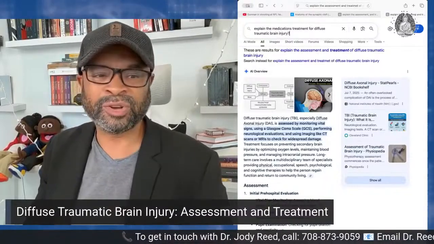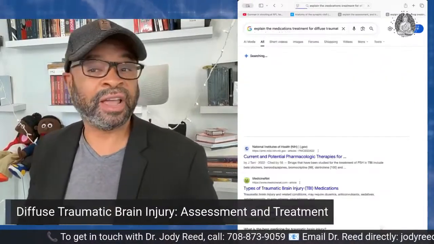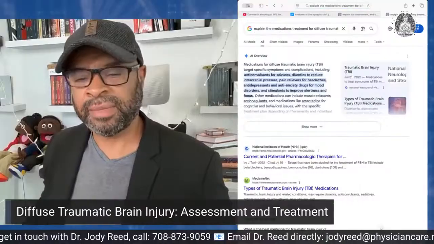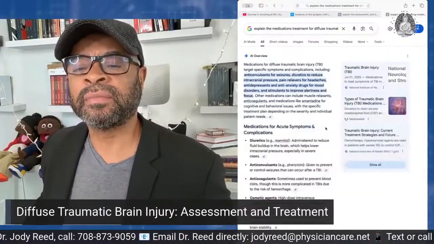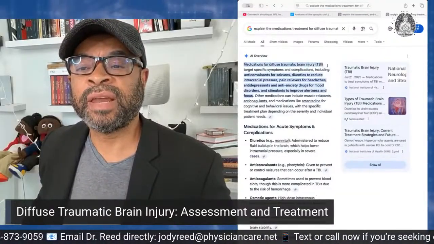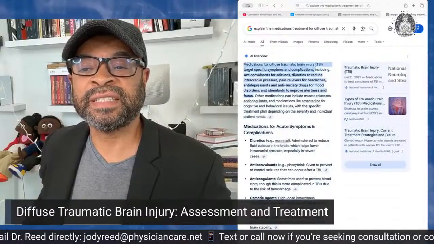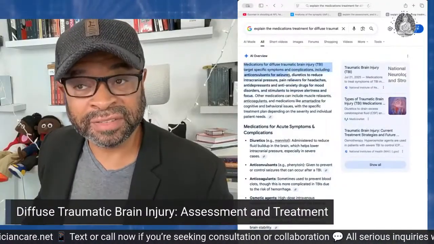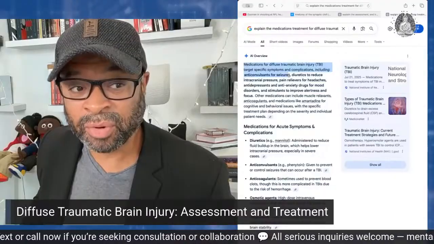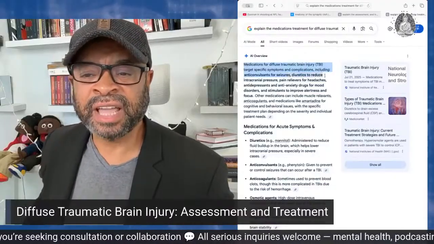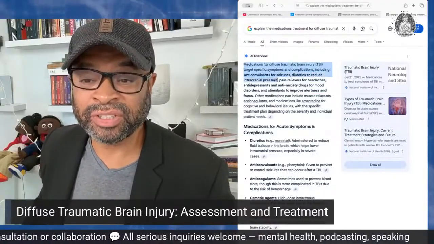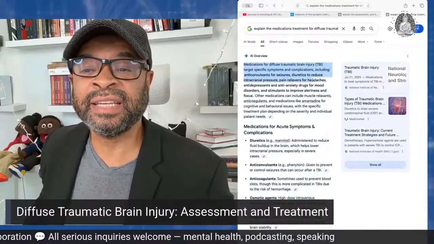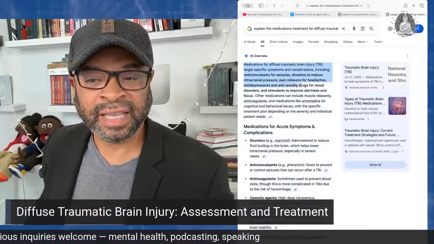Of course, the treatment is going to be whatever's in front of you. Basically, you're going to have to put together a combination of medication to make things work right. Medications for diffuse traumatic brain injury target specific symptoms and complications, including anticonvulsants for seizures, particularly if it's in the temporal lobe where there's intense anger, diuretics to reduce intracranial pressure, pain relievers for headaches, antidepressants if they're very depressed, anti-anxiety agents.